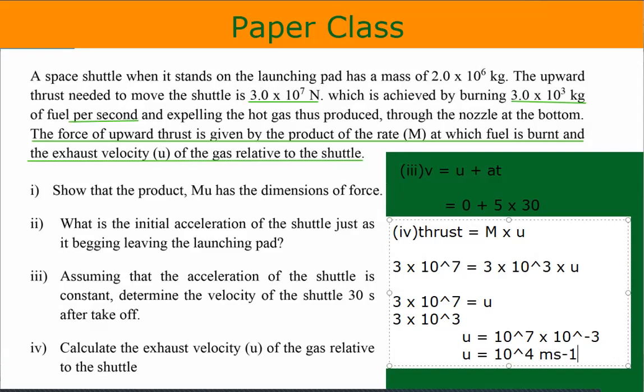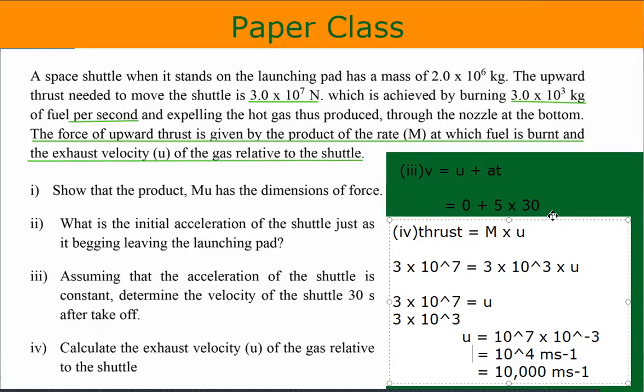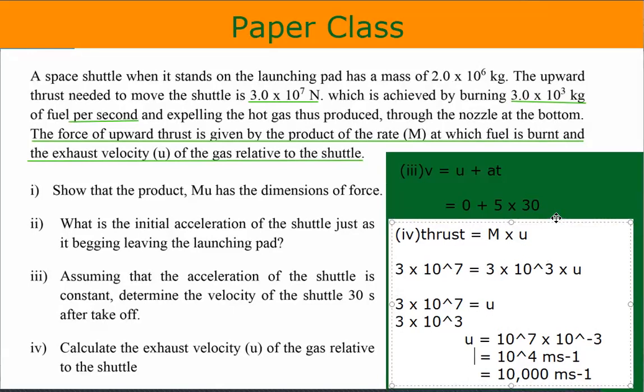Can you give it in simple terms? 10,000 meters per second. Very good. So the velocity of the exhaust gas relative to the shuttle is 10,000 meters per second. That's the answer. Complete it, dear. Write it.